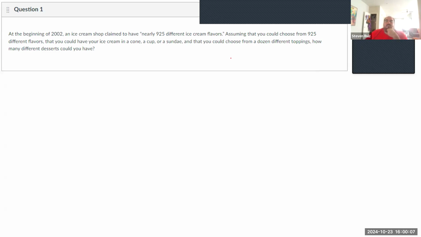Assuming you can choose from 925 flavors, and you have a choice of three different containers, a cone, a cup, or a sundae, and there are 12 different toppings you can choose one of each from. You can treat this as three combinations to choose from.